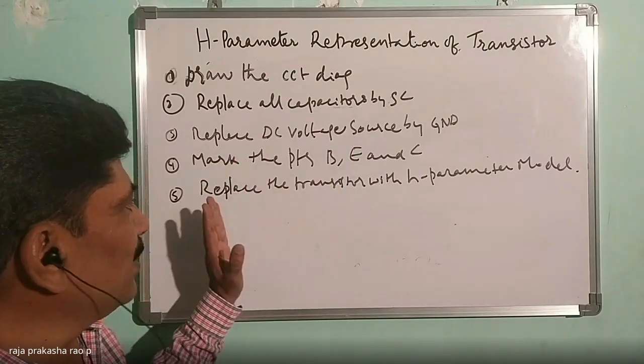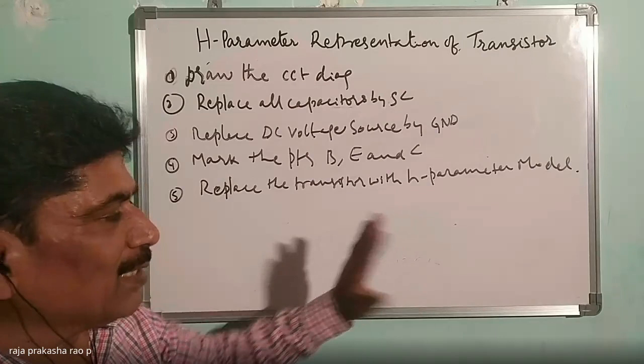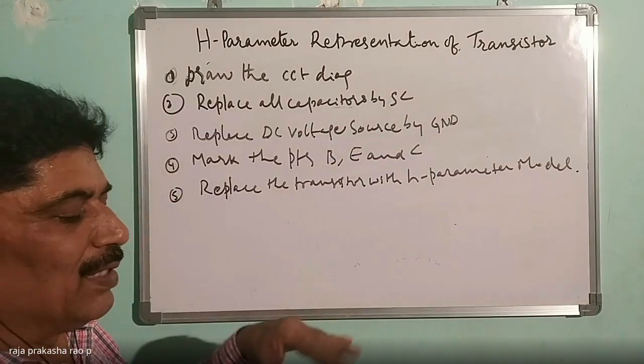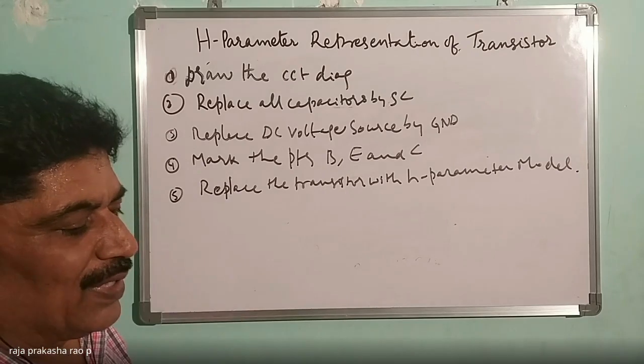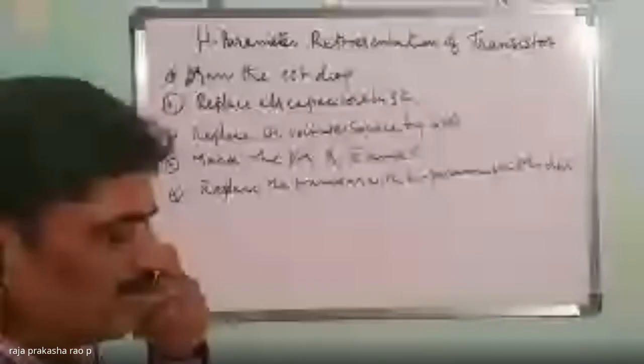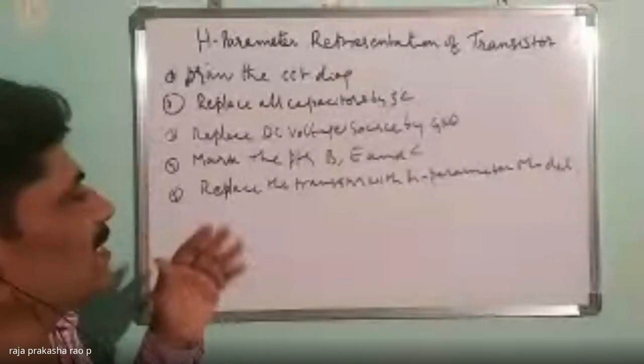Only that must be replaced with the H parameter model. The remaining things, just attach them to the input and to the output of that. After simplification, we'll find some resistors in the input circuit and some resistors in the output circuit.